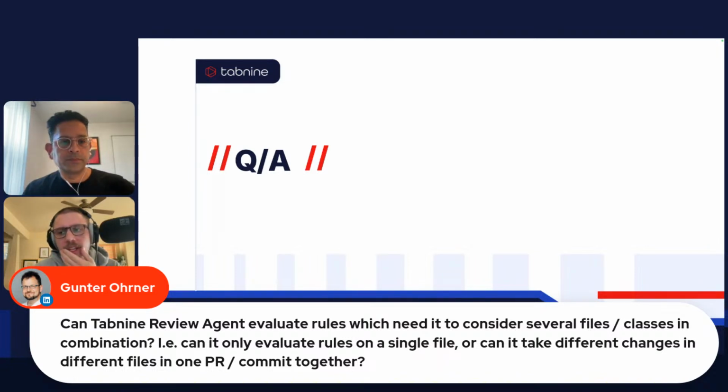From what I've been seeing, the rules that we've been using in the rule interface that I've seen... can it only evaluate on a single file, or can it take different changes in from different files?